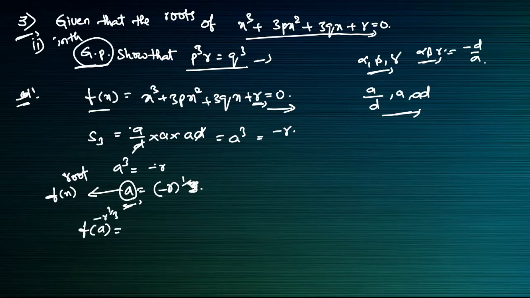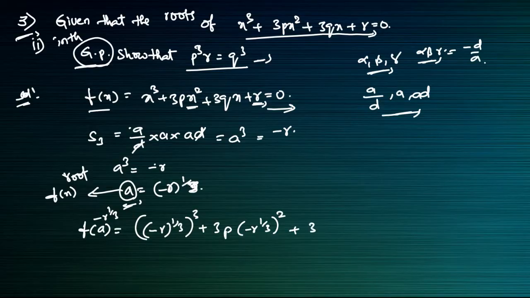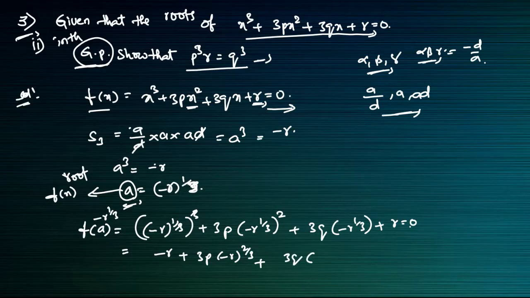It will become minus r whole power of 1 by 3 whole power of 3, plus 3 into p into minus r power of 1 by 3 whole square, plus 3q into minus r power of 1 by 3, plus r is equal to 0.